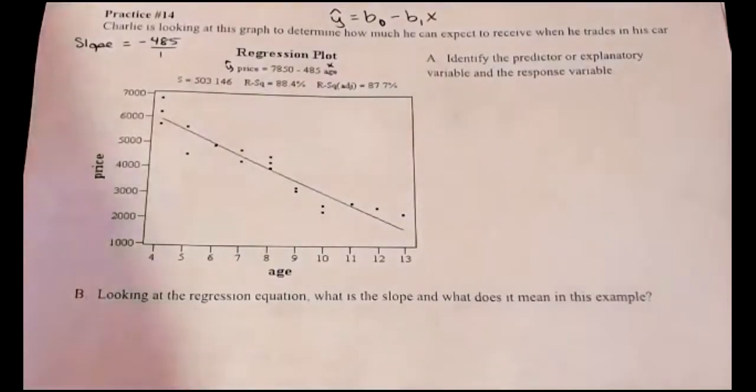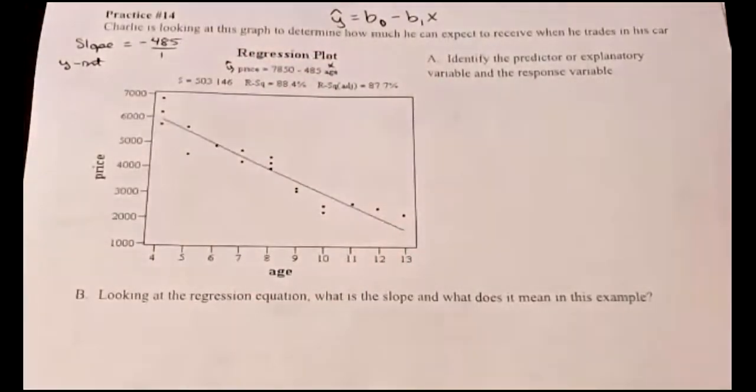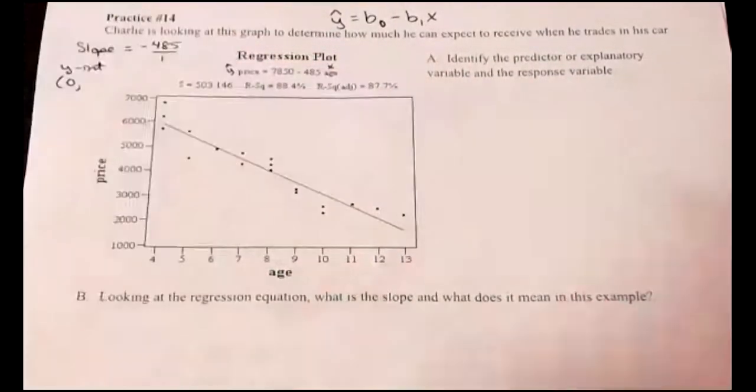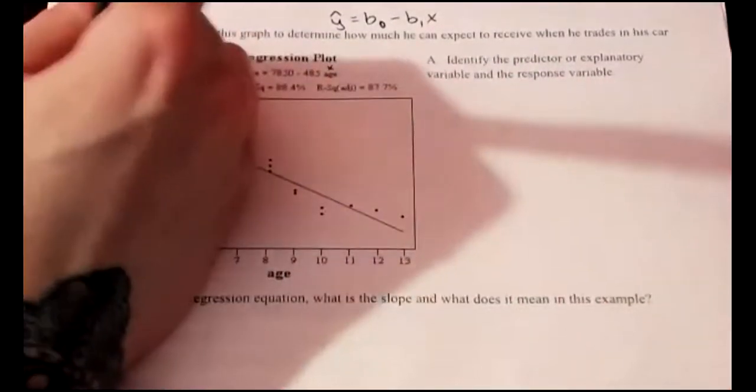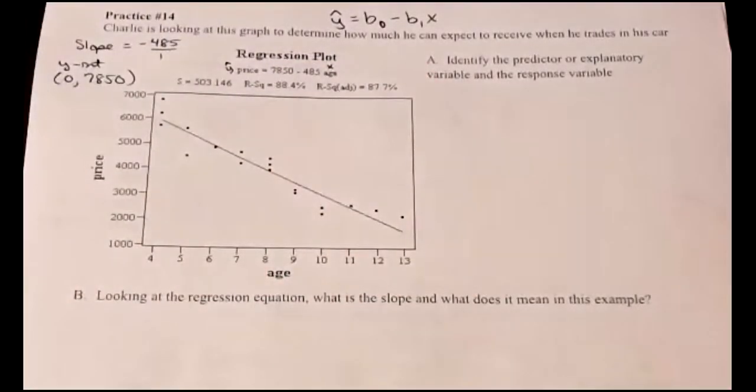We might as well, just so that we actually have that value laid out. And then we want to write out our y-intercept as an ordered pair. So if my slope is negative 485, my y-intercept is going to be the 7850, but we always write it as an ordered pair, (0, 7850). Is everyone okay with that so far?